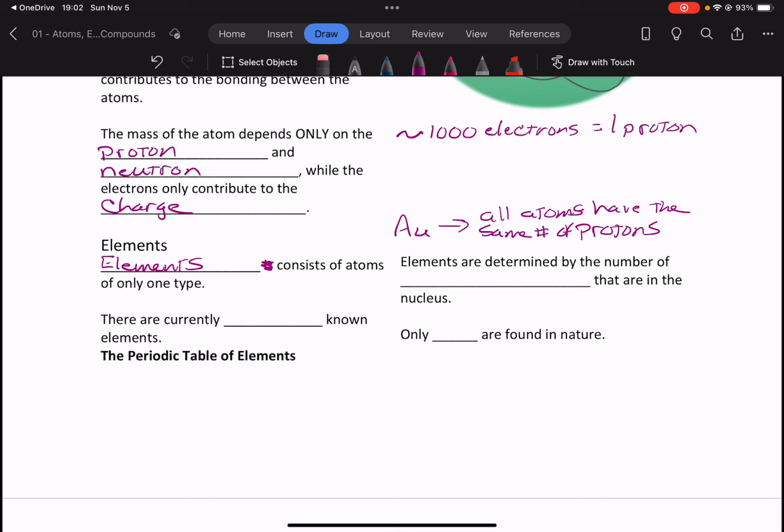The elements are determined by the number of protons that are in the nucleus.